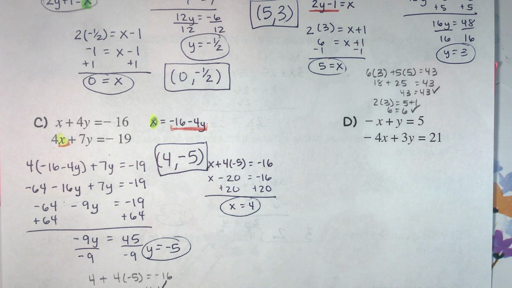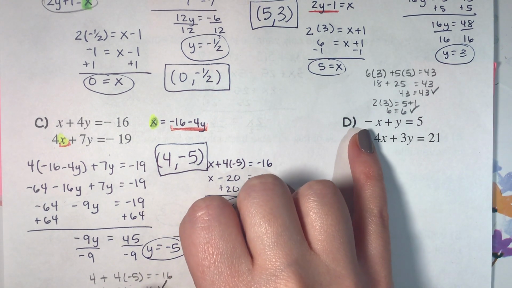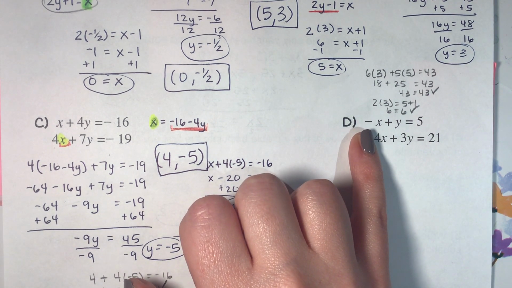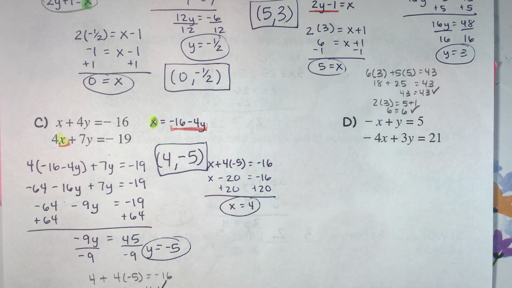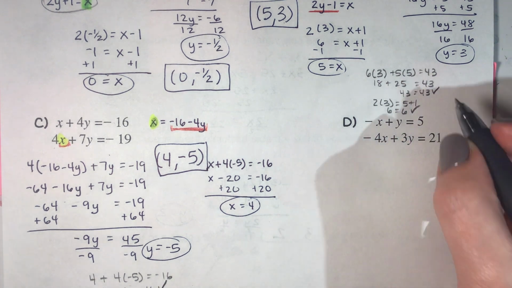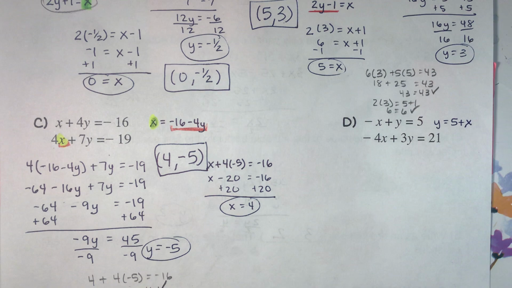On this one, we are looking for a variable with no coefficient. This could look a little tricky because of this negative x. We wouldn't want to solve for the negative x because of that negative sign, but we could easily solve for the y. So you just add x to both sides, and that gets you y is equal to 5 plus x.